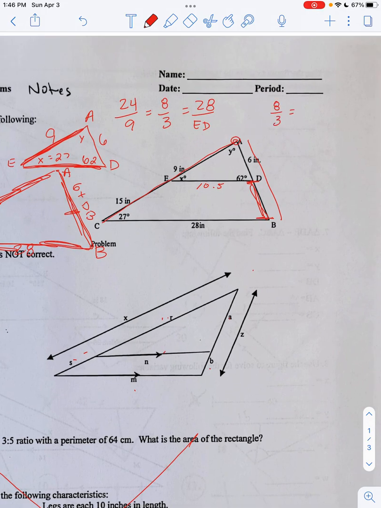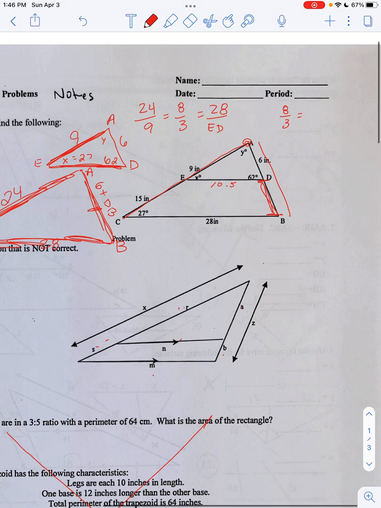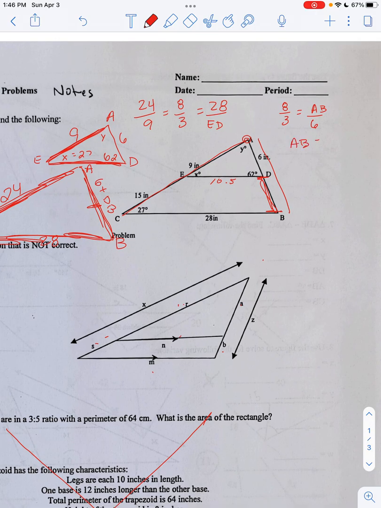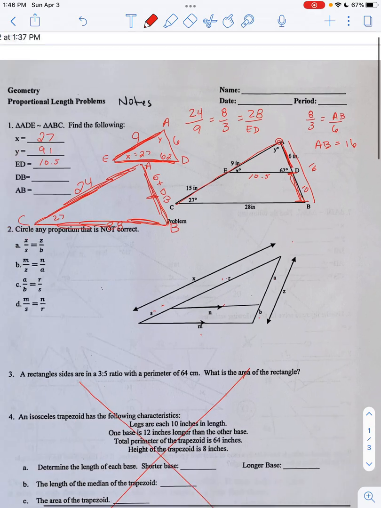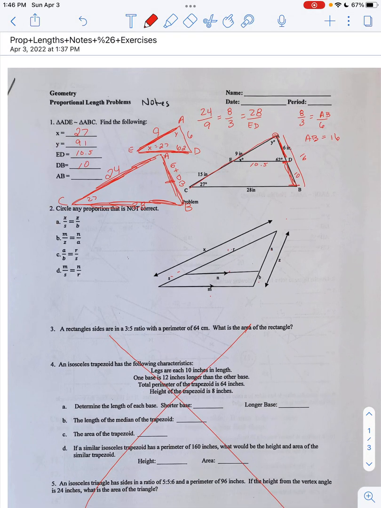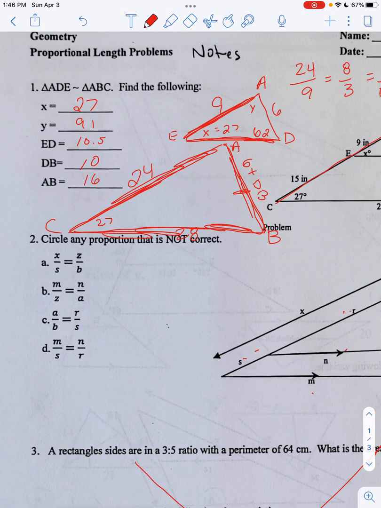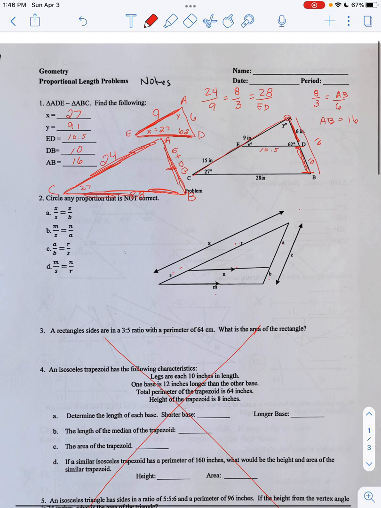So if I use the same scale factor of 8 to 3 from the big triangle to the little triangle, then I know that AB would correspond to 6. And that would tell me AB should be a total length of 16. Now, since AD is already 6, that leads me to believe that DB must be 10. And we just answered the question for AB. It was 16.